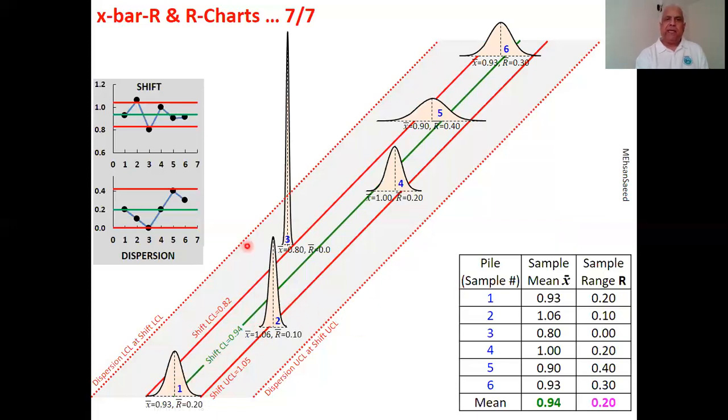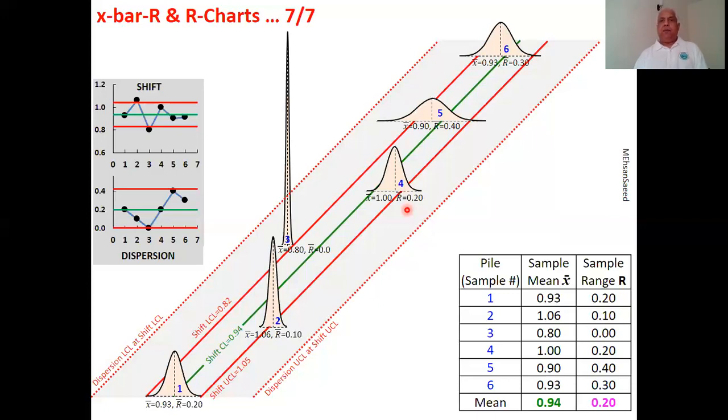It would keep moving left and right, as I showed you on the Excel sheet, and its height will grow or shrink, and likewise it is going to get flattened or get sharper depending upon the state of dispersion. So that was the X bar R chart and R chart for shift and dispersion respectively.